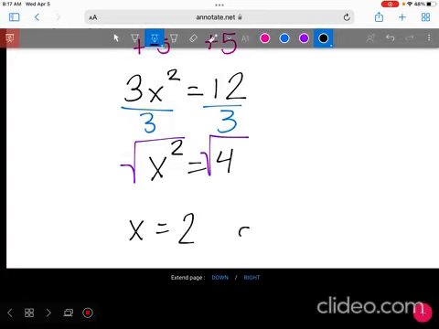X equals 2 or x equals negative 2. Because when we take the square root of something, we can't tell whether it was positive or negative. You can also do it as, if we're feeling super lazy, plus or minus 2. Totally fine. 100% valid. They mean exactly the same thing.